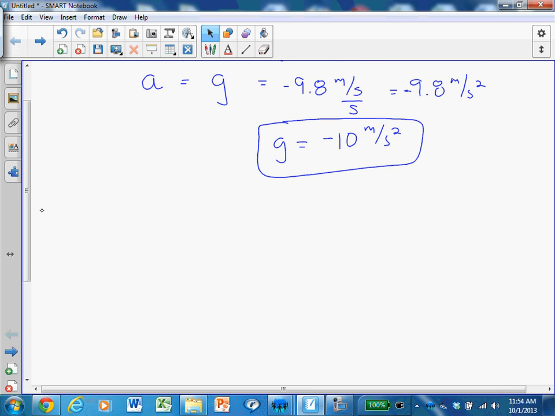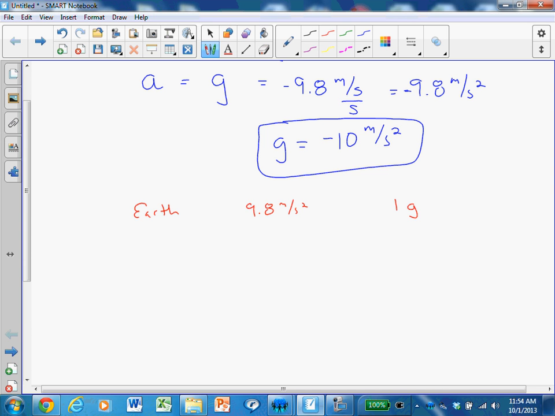So we could have Earth, we know is about, we'll just use the positive value here, 9.8 meters per second squared, and that's also called 1g, for 1g is around 10 or 9.8. And so you often hear like you feel an acceleration of 2 g's on that roller coaster or something like that.